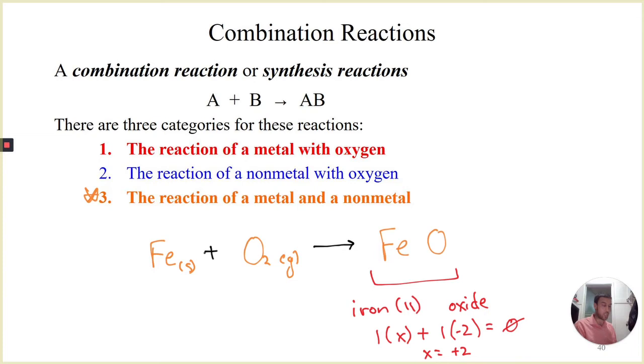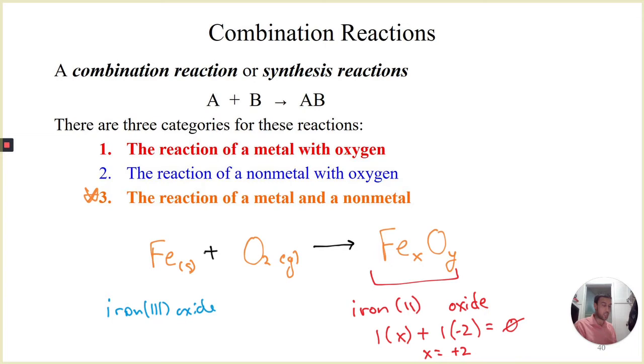But how do I know how much iron and how much oxygen should come together in this combination reaction? How did I know it was supposed to be iron 2 oxide? Because it could have just as easily been iron 3 oxide. And in fact, it's far more likely for it to have come out as iron 3 oxide.